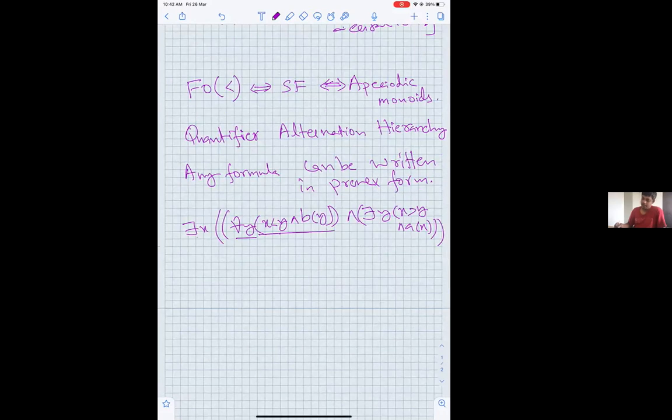So first of all, I want to rename this formula. I will rename this as there exists x, then I'll keep this y. I could do it the other way also, but I'm just choosing to do it this way. And then I'll rename this y to be z. So I'll say there exists z, x greater than z, and a of x.